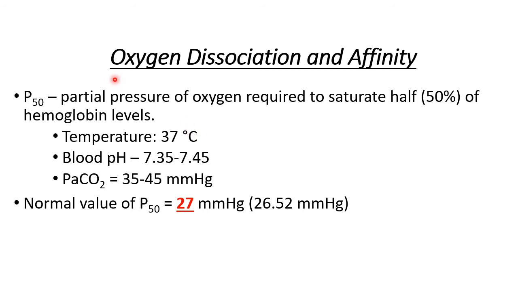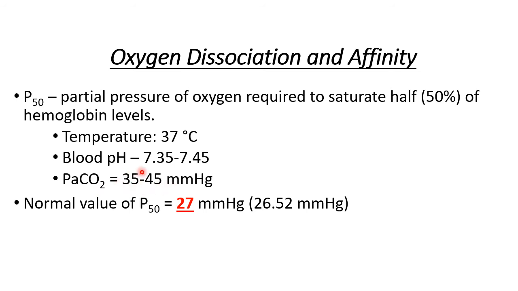Okay? Para ma-meet mo yung P50, kailangan naka-maintain din or mayroon ma-meet yung homeostasis ng tatlong parameter. Kailangan na body temperature must be maintained at 37 degrees Celsius, yan yung average, blood pH of 7.35 to 7.45, your partial pressure of carbon dioxide of from 35 to 45 mm mercury.